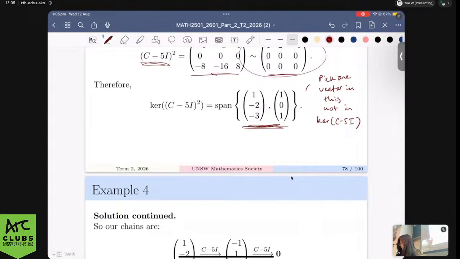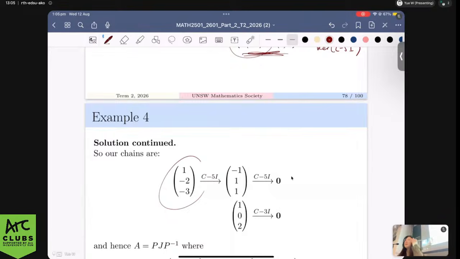In this case, I picked 1, minus 2, minus 3. After I picked it, I applied C minus 5I to it. So I multiply C minus 5I by 1, minus 2, minus 3, I get this vector, and then I do it again, and eventually I get 0.